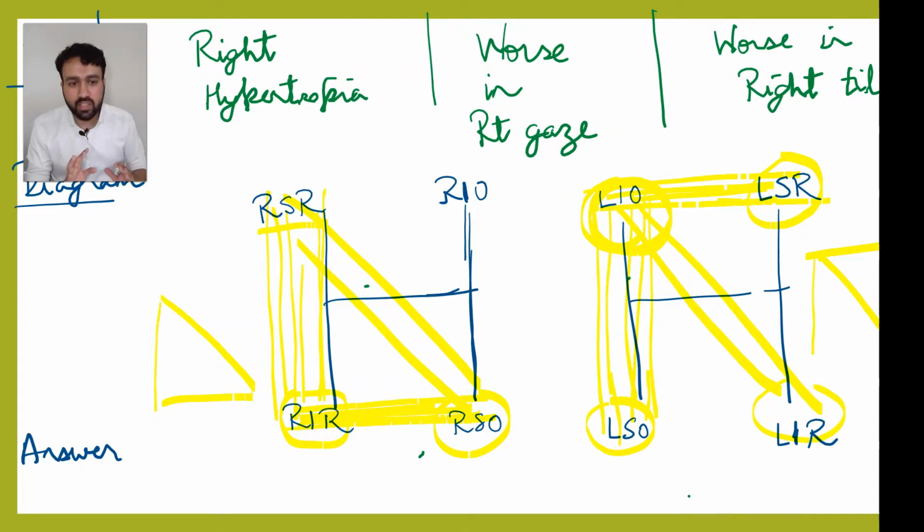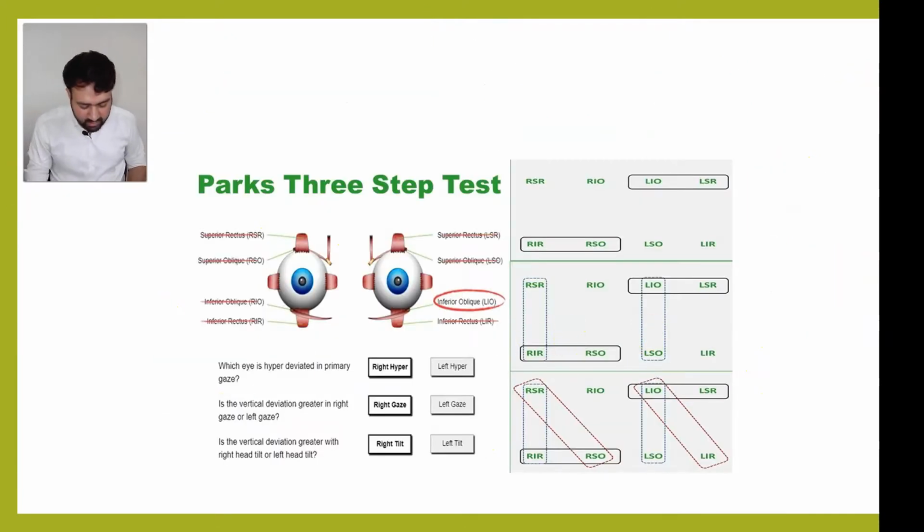So that is your affected muscle. Right hypertropia, worse in right gaze, worse in right tilt. The Parks test isolates that the left inferior oblique is affected. Okay, that's your answer in the question. We'll just confirm this again. Right hypertropia, right gaze, right tilt. You can see that the left inferior oblique is the affected muscle.